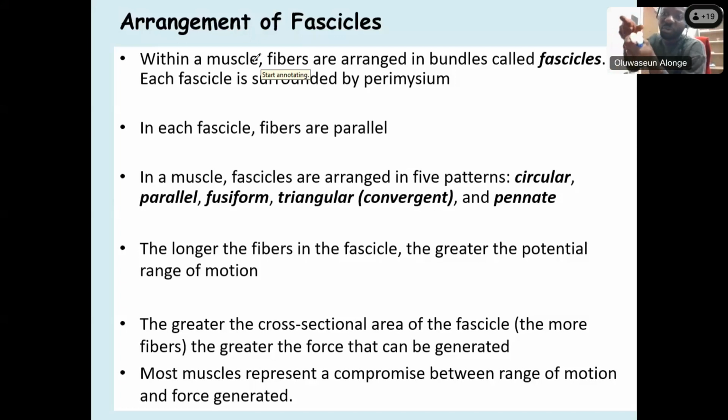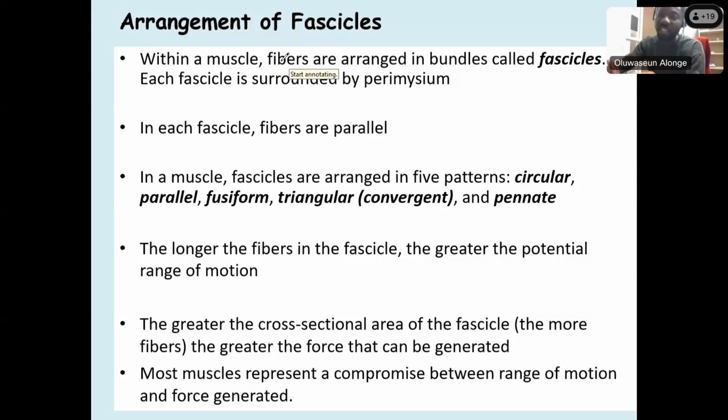And more than one fascicle, let's say 4, 5, 6 fascicles, are joined together by epimysium. Now, when you have more than one fascicle in a muscle, how are they arranged?